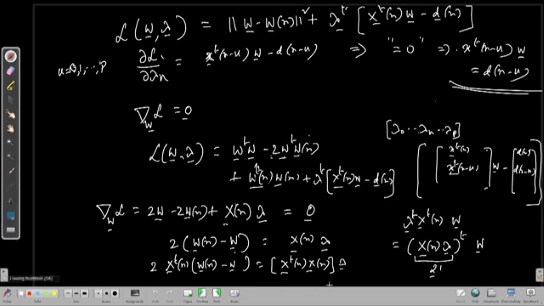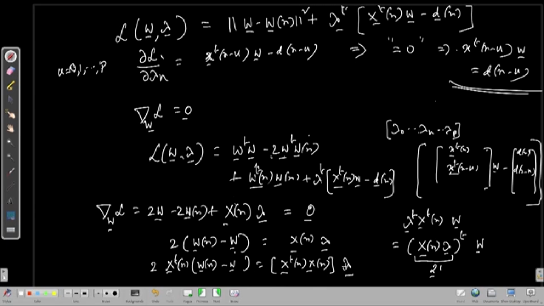Now this is the equation, this is lambda. I am assuming X transpose X is indeed positive definite and therefore invertible. So on both the left hand side and right hand side I multiply by the inverse of this.